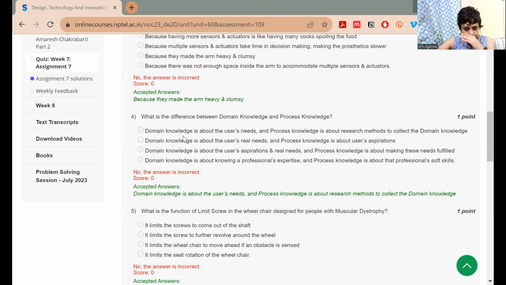In the context of this module, the process of designing medical devices, what he's saying is that domain knowledge is about knowing the user's need, and process knowledge is all the research and the methodology with which you collect the domain knowledge. Domain knowledge is like, if you're making something for a disabled person, then you understand everything about the lifestyle, the pain points, the constraints, the requirements for that person.